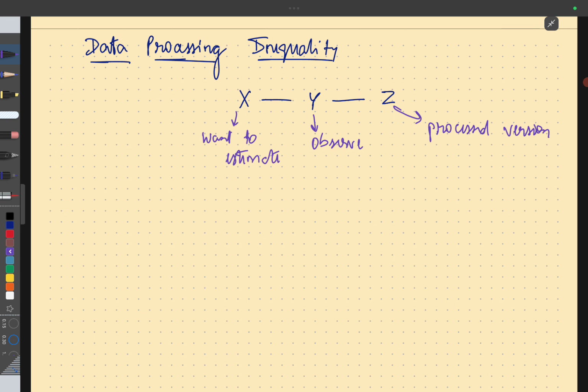Now I have to be a little more precise in what I mean when I say that Z is a processed version of Y. Basically what I'm saying is that X, Y, Z form a Markov chain. So I have three random variables X, Y, and Z such that X, Y, Z form a Markov chain.